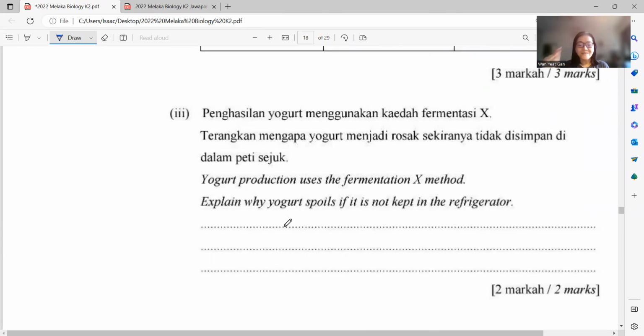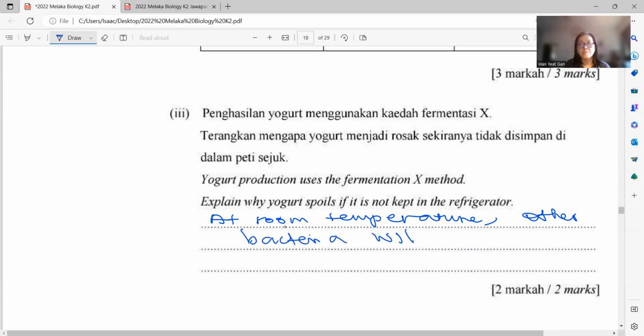Yogurt production uses the fermentation X method. Explain why yogurt spoils if it's not kept in the refrigerator. Okay, if you keep it at room temperature, other bacteria, not the bacteria that carry out fermentation, will grow and cause the yogurt or the curd to spoil.